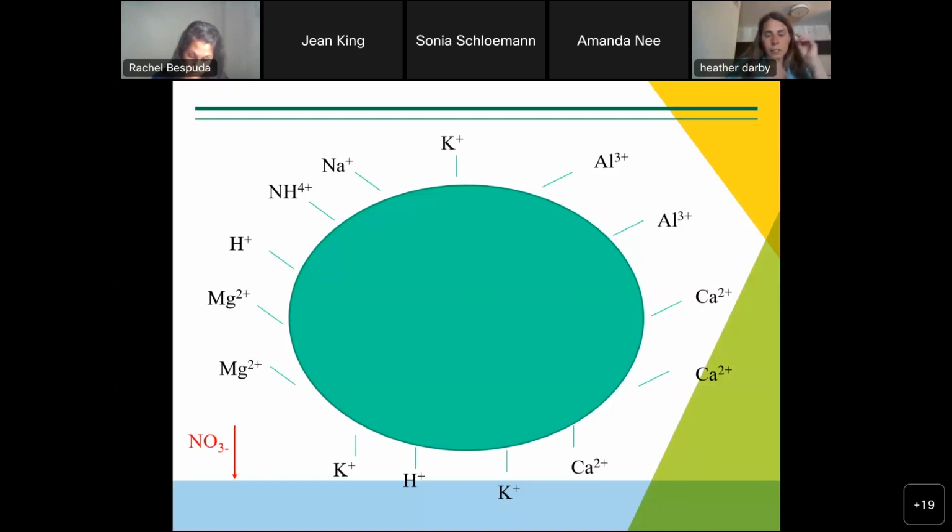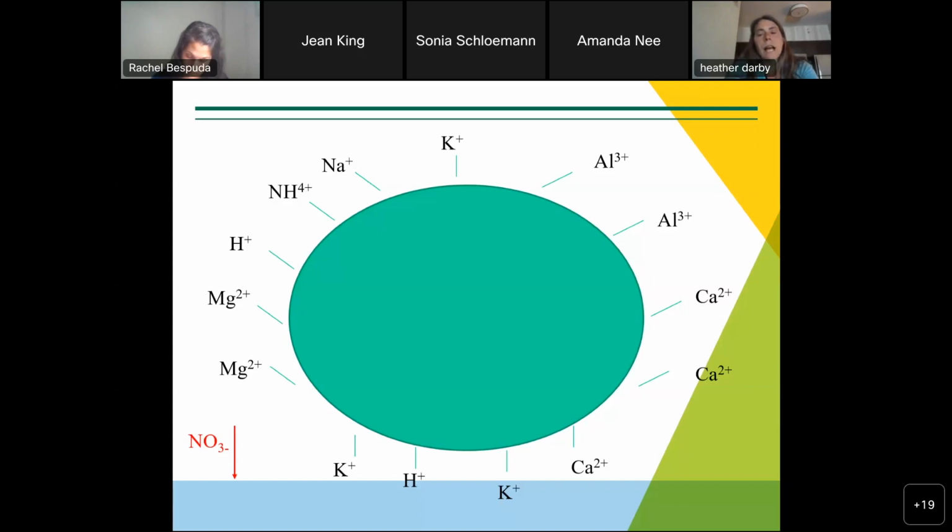Okay, so the more positively charged bases, magnesium, calcium, potassium, ammonium, the higher the pH will be. Okay? The more aluminum or hydrogen that you have in your soil, the lower your pH will be, because those exchange sites will hold acids instead of the bases, okay?